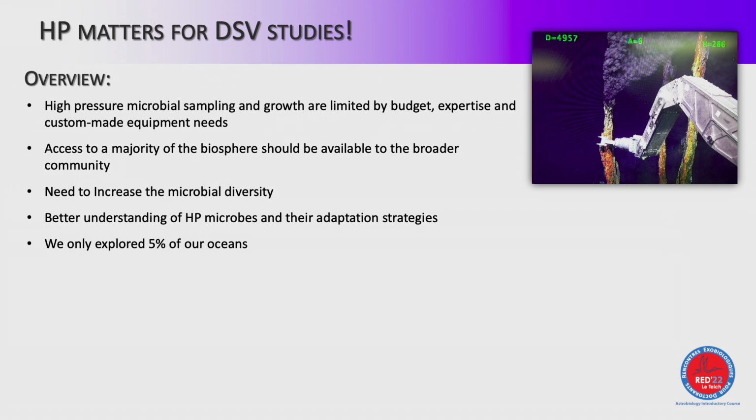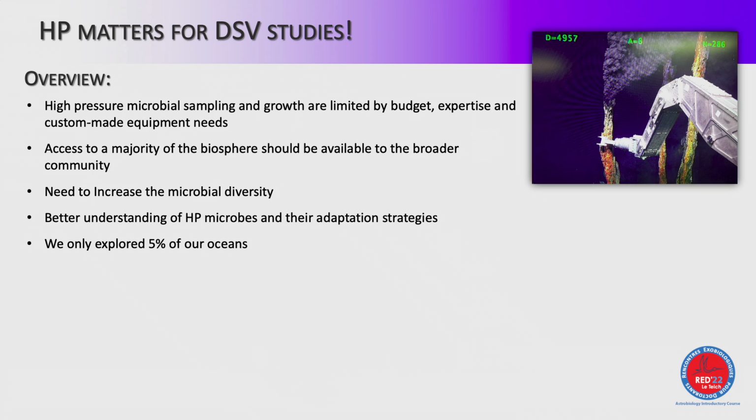To do so will give us a better understanding of those microbes and their adaptation strategies. And as I said, so far we have only explored 5% of our oceans, so we really need to improve that to better understand those deep sea ecosystems.